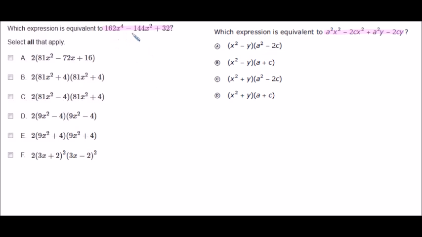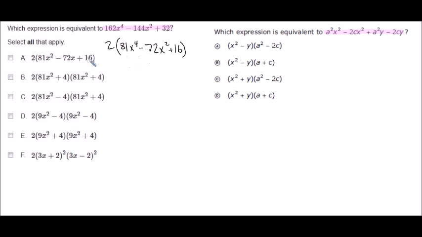So in this first polynomial, we notice they don't all have x, but they can all be divided by 2. If we factor out the 2, I would get 81, the 144 divided by 2 would give me 72, and then the third term divided by 2 would give me 16.